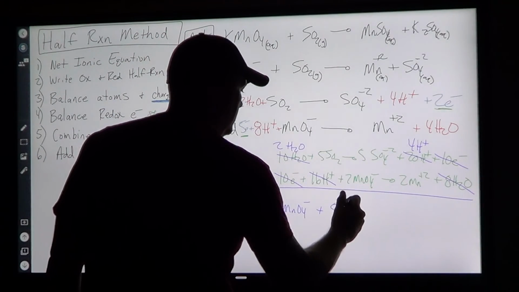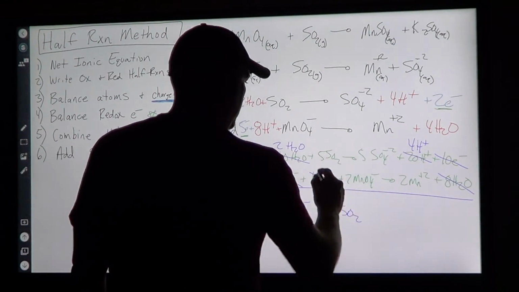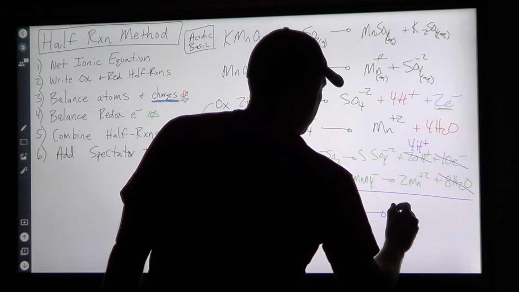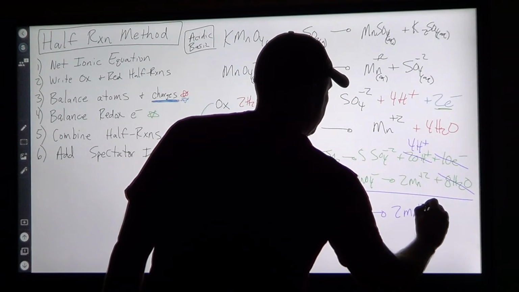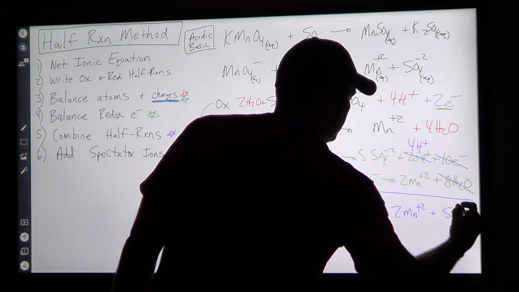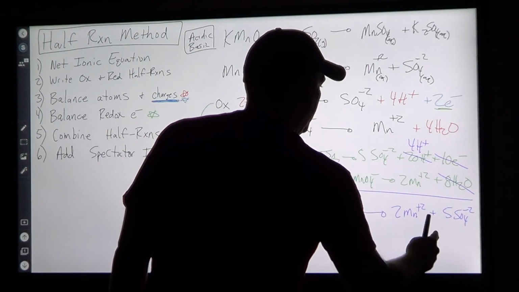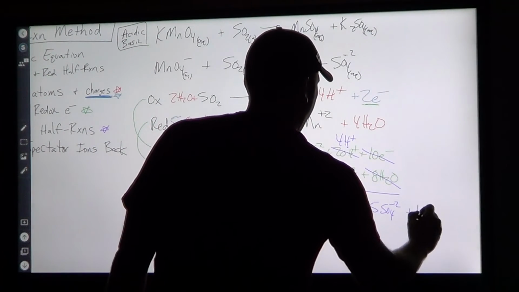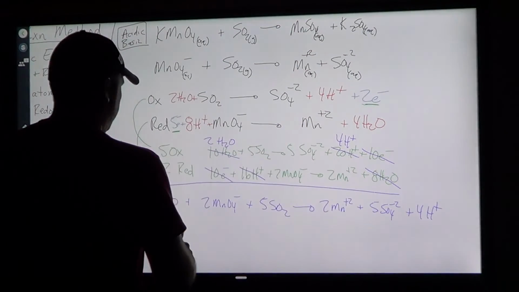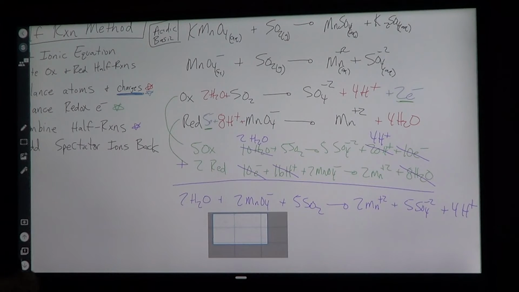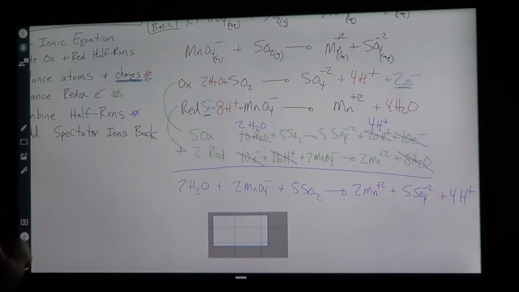Oops, that's an S. Makes 2 Mn2+ plus 5 SO4 2- plus 4 H+. Give myself a little more room. Okay? So we have now combined our 2 half reactions, and we are almost done.